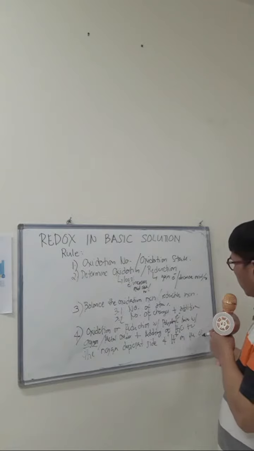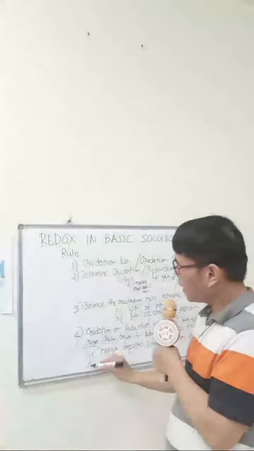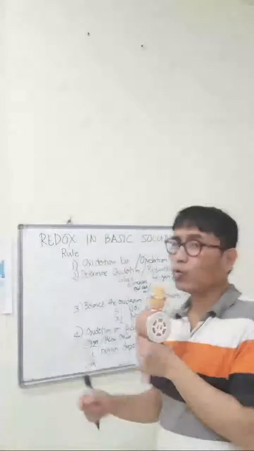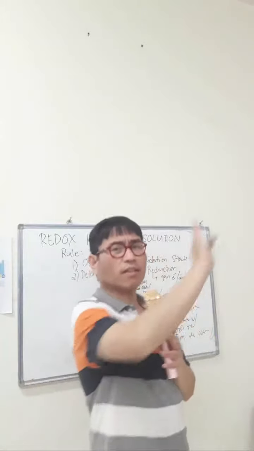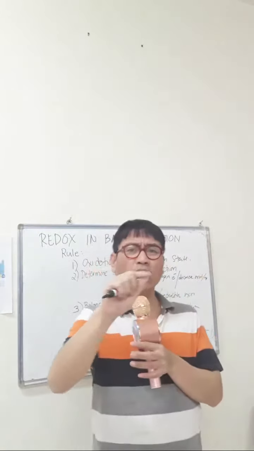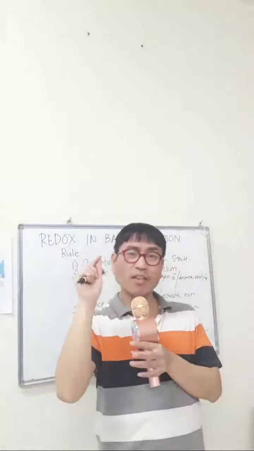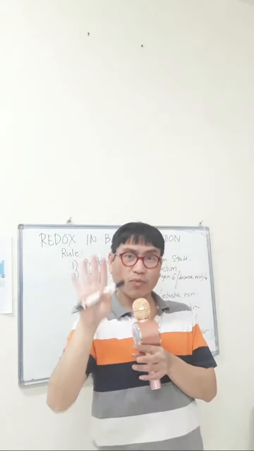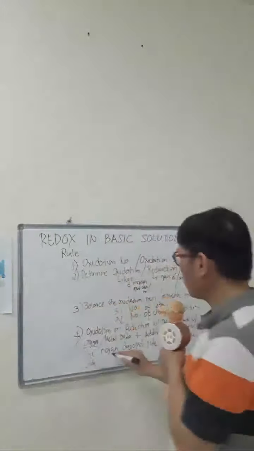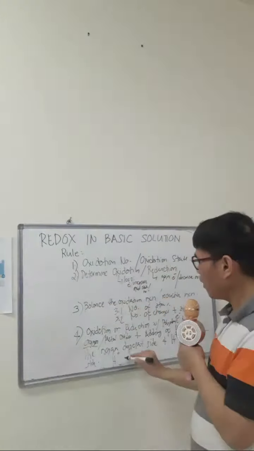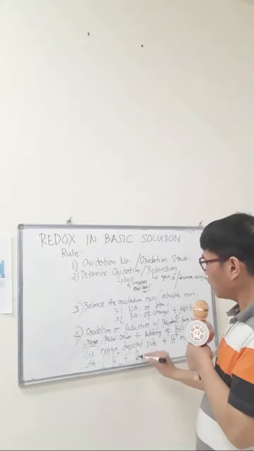Meaning to say, if we have to add 2 moles of water in the right, you have to add 4 H plus in the left, because 2 moles times the subscript 2 equals 4 atoms of hydrogen. So I specify here H plus and then water, H2O.